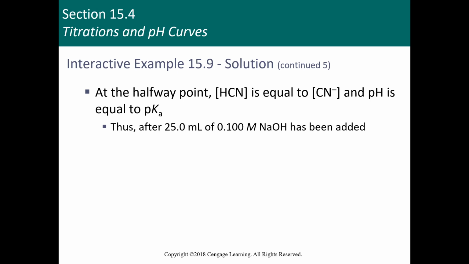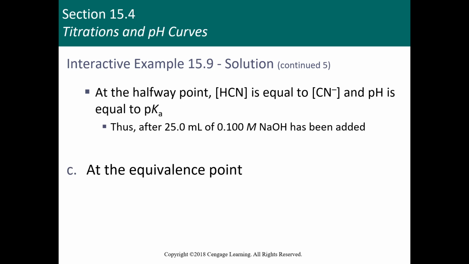And so that's actually the same relationship we see here. So thus, after you have added 25 milliliters of that 0.1 molarity NaOH, and used up half of the HCN, giving you the other half of that as CN minus, your base, right here, will equal your acid. Thus, pH equals pKa. I've given you a very, very important hint for all laboratory experiments based on pH curves.